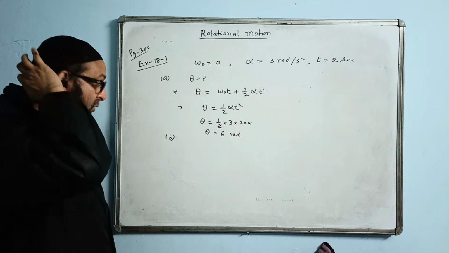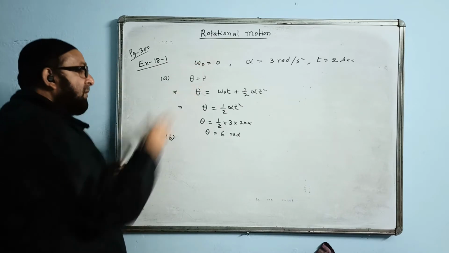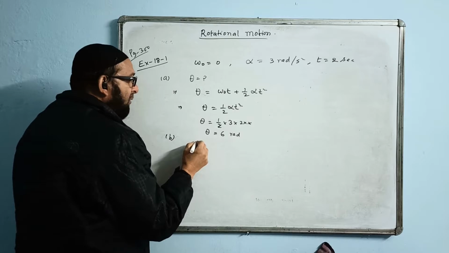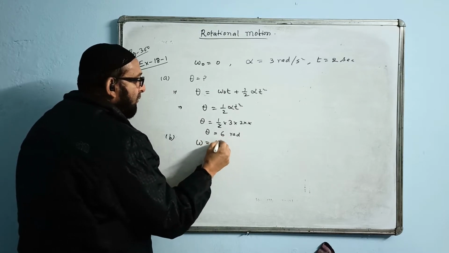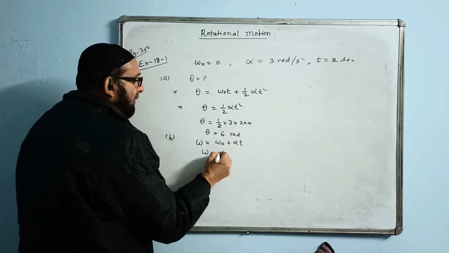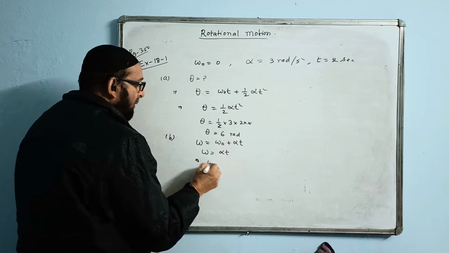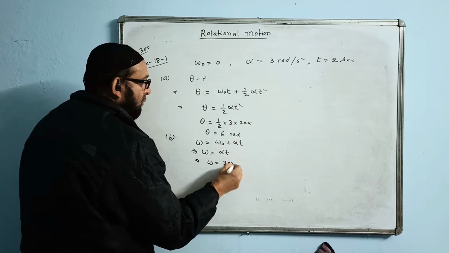Now the second part of the question asks you to find the angular speed after 2 seconds. Then you should find the value of omega. V is equal to u plus at formula we can follow: omega is equal to omega naught plus alpha t. Omega naught is 0, so we write alpha t only. Alpha value is 3 and t is 2.